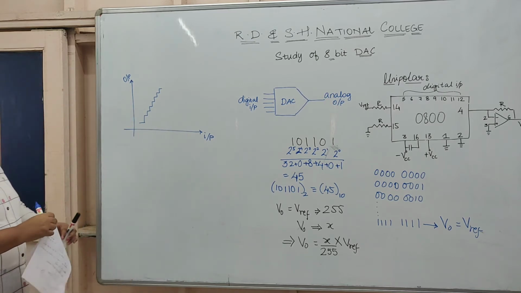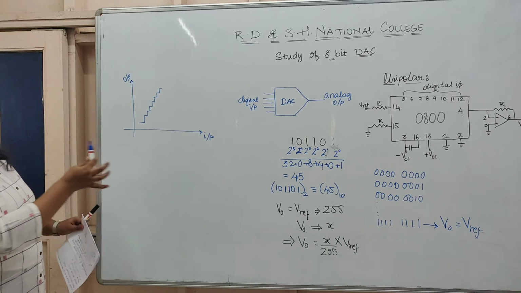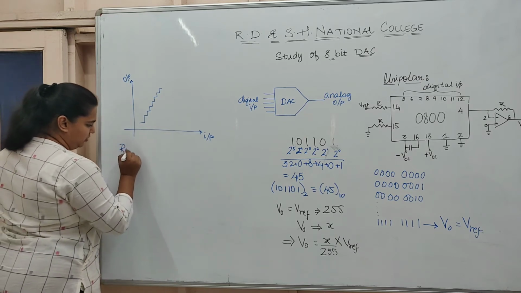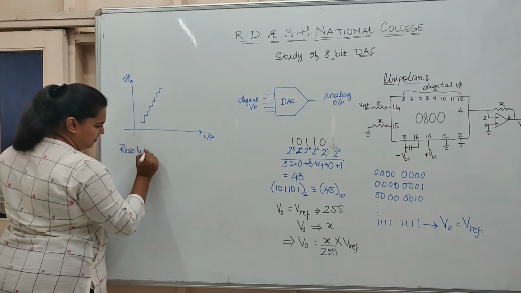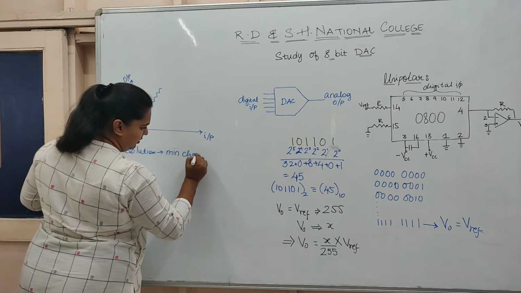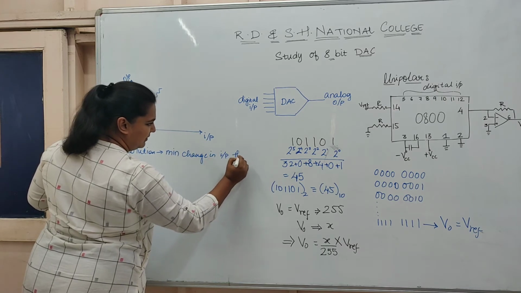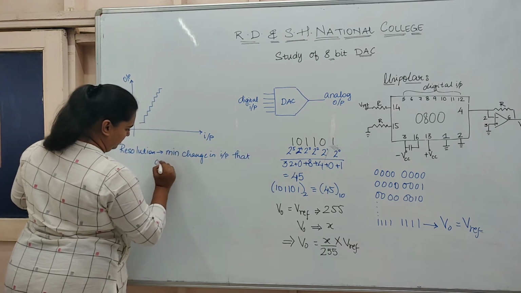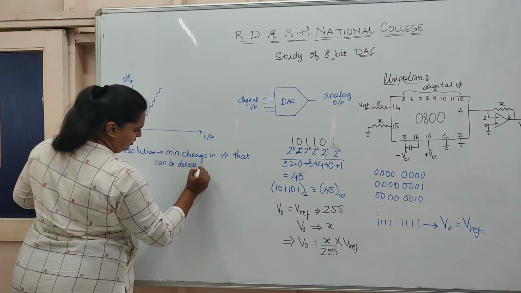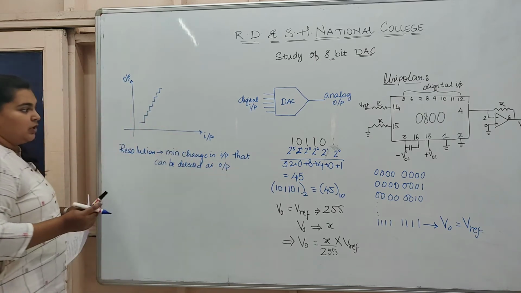The resolution is actually the minimum change in the input that can be detected by the DAC. I repeat, resolution is the minimum change in input that can be detected at output or by the DAC, in simpler words.